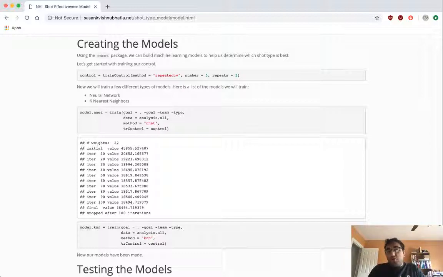Most times the model will just output a 0. But remember, when we have our control here, we repeat it 3 times. That is how we get an actual probability out of a k-nearest neighbors model: we do it multiple times. Maybe the first time we get no goal, 0. The second time, yes, it's a goal, 1. And the third time no goal, 0. So we have 0, 1, 0.